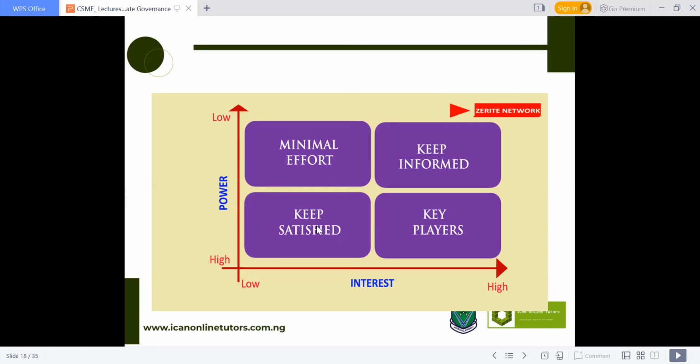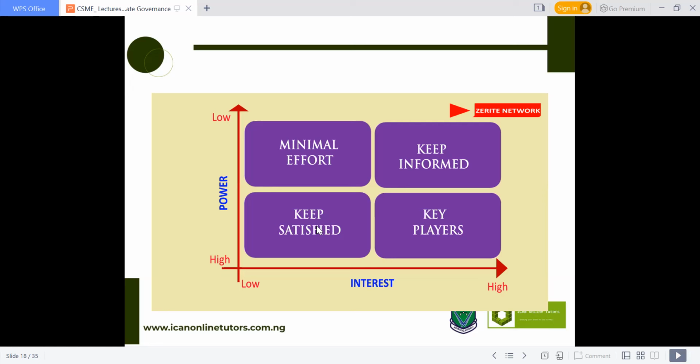How much do you have? How much is in your bank account? How many units of shares do you have? If you have high power but low interest, maybe because you have a portfolio and invest in company A and company B, and if B is holding a meeting, you do not really have the time to attend. But the power is high.